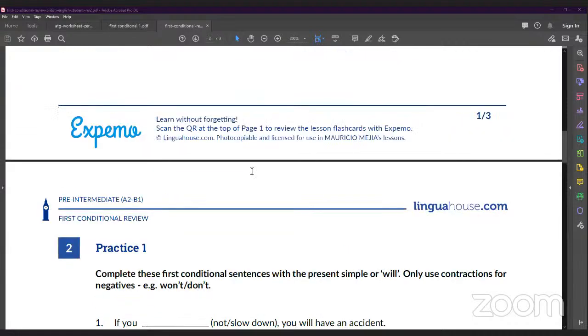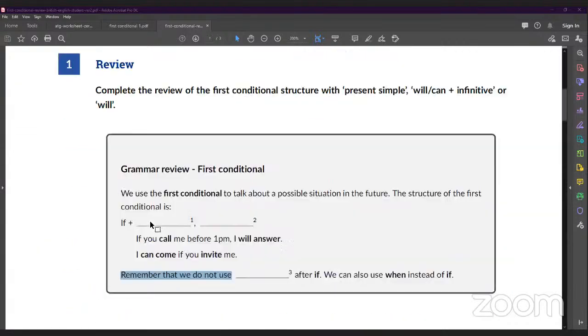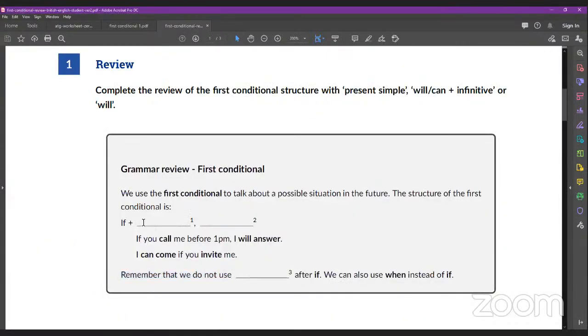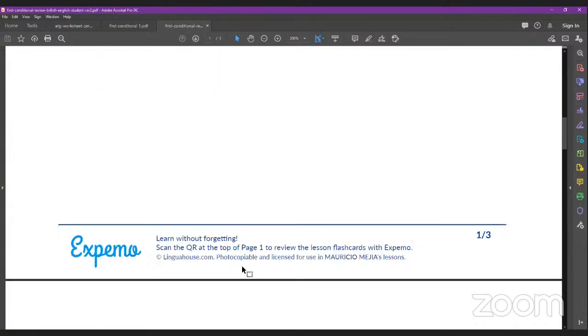Remember, 2 activities. Activity number 1, complete this box, okay? This chart. Complete it. 1, 2, and 3. When you finish this one, you go to the second one.